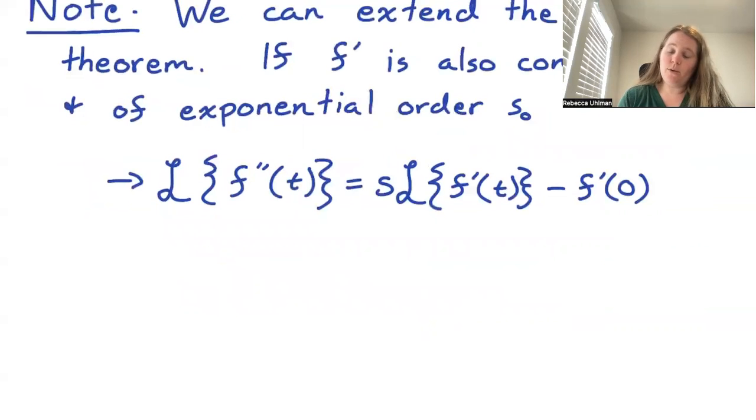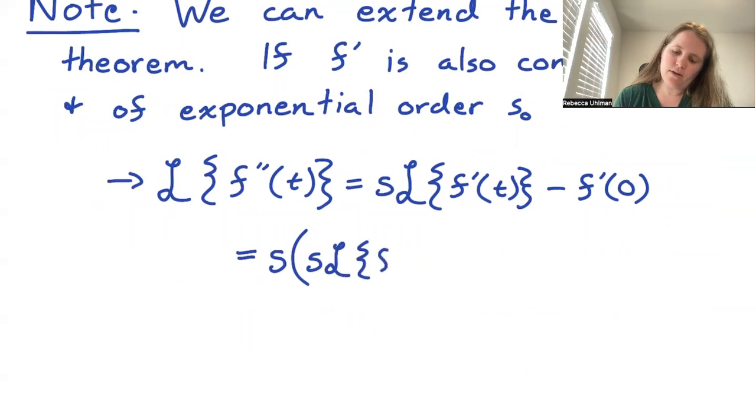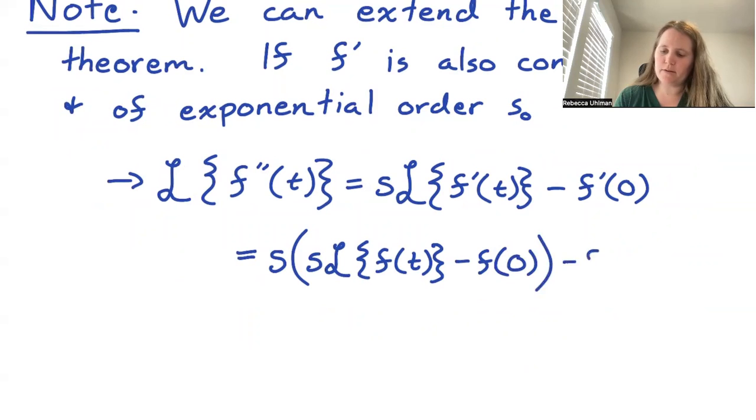And we know the Laplace transform of f prime, so we replace it with s times the Laplace transform of f of t minus f of 0, and all of that minus f prime of 0.